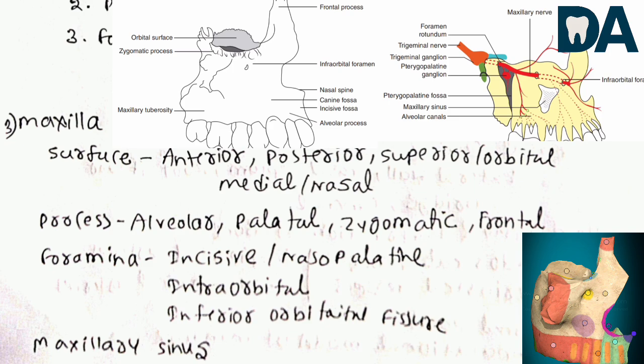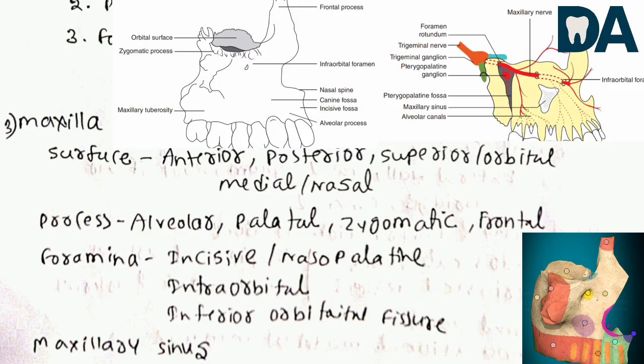The posterior surface of the maxilla forms the anterior wall of the infratemporal fossa. Boundary of the pterygopalatine fossa. The posterior surface of the maxilla forms the anterior wall of the pterygopalatine fossa, which locates the pterygopalatine ganglion.